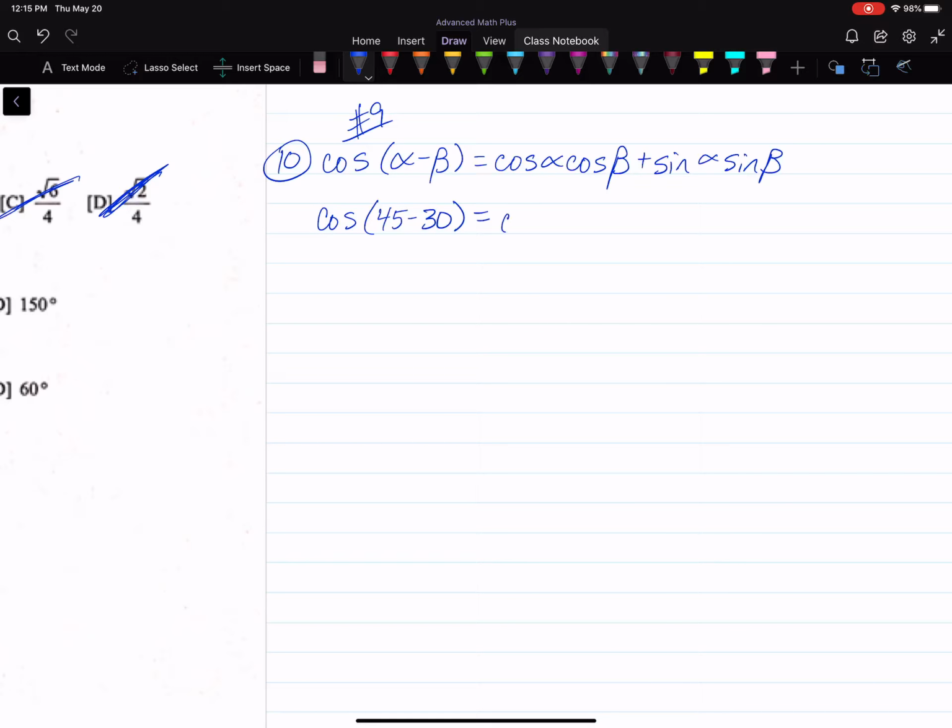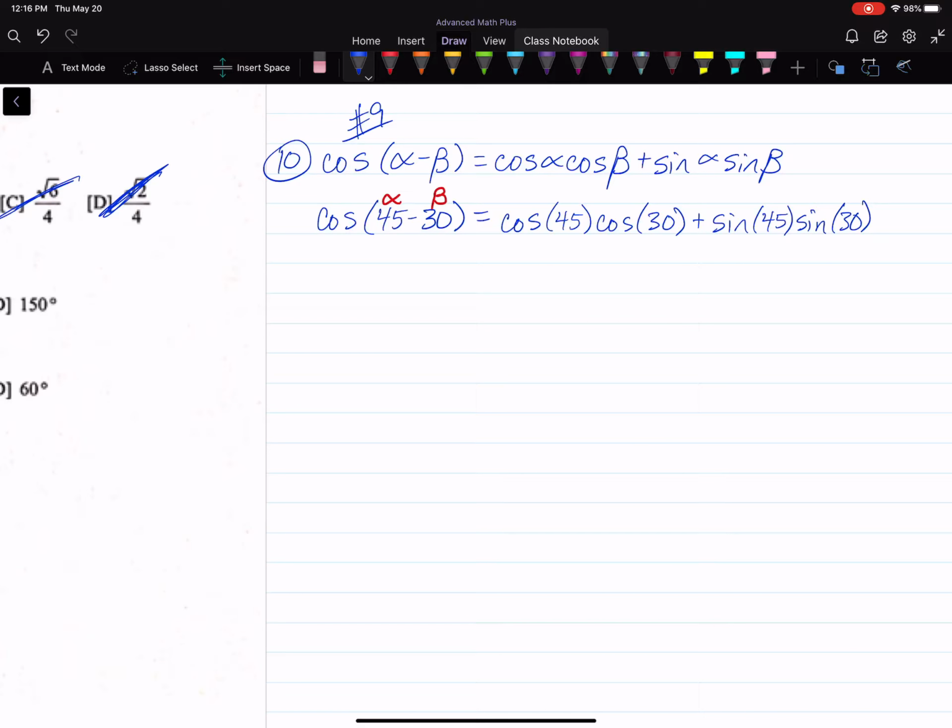So that would be cosine of 45, this is my alpha, and 30 would be my beta. Cosine of 45 times the cosine of 30 plus the sine of 45 times the sine of 30.